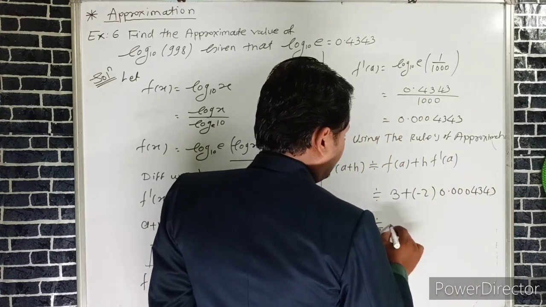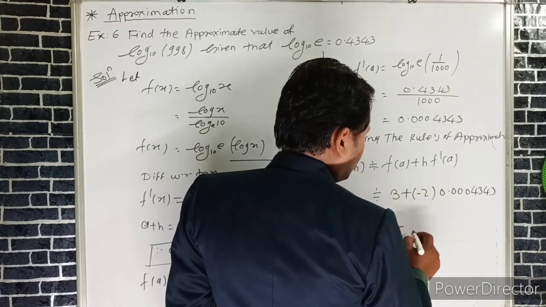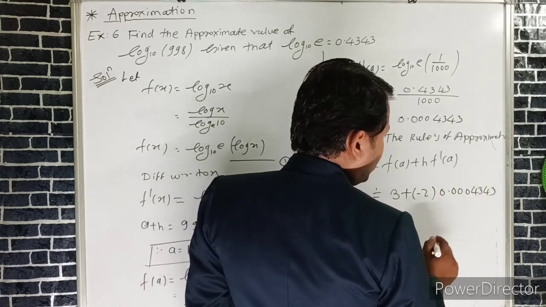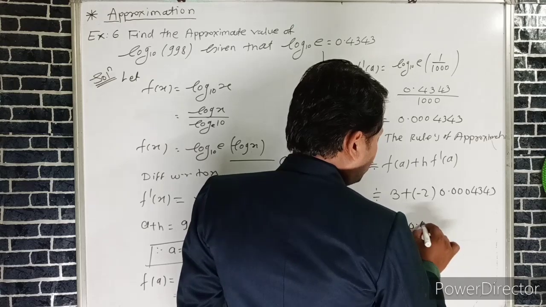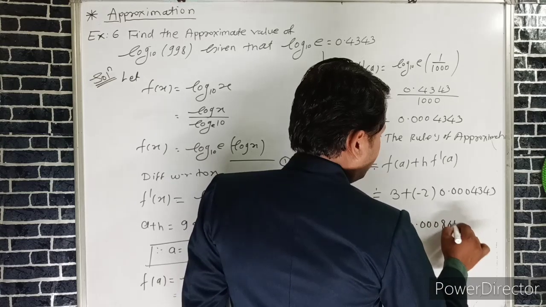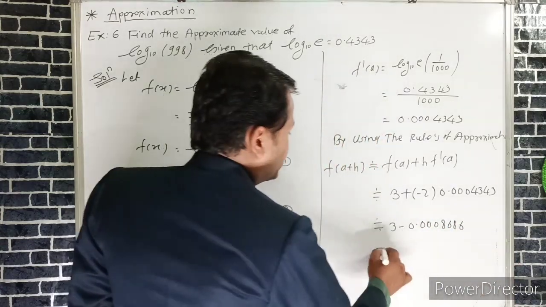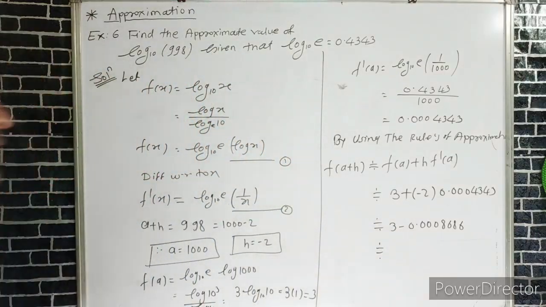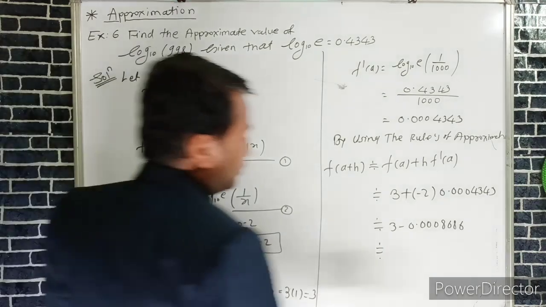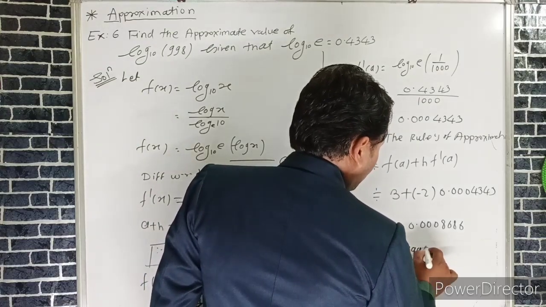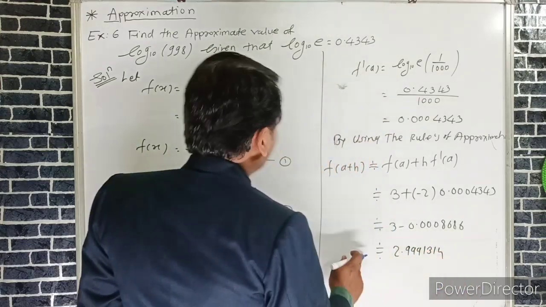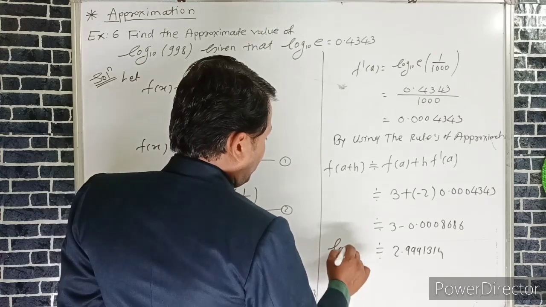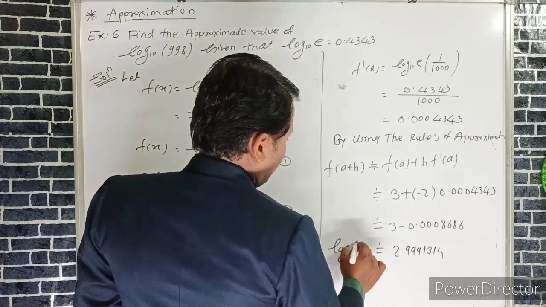So we can write 3 plus minus 2 into 0.0004343, which is 0.0008686. If we subtract 0.0008686 from 3, then we get the final answer 2.9991314, which is the required value of log base 10 of 998.